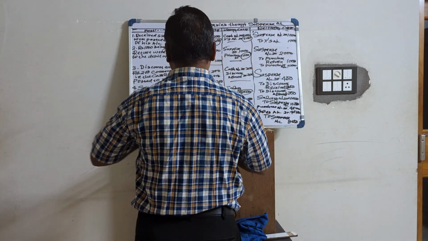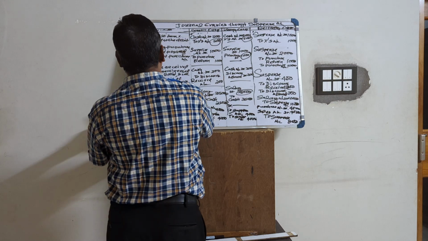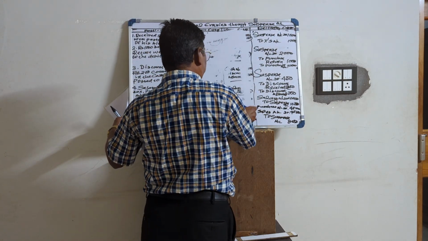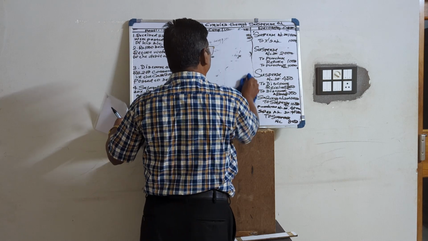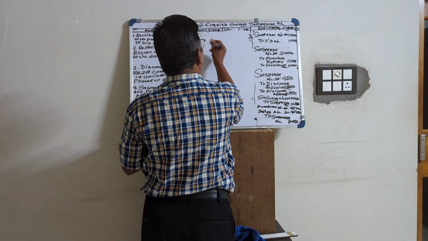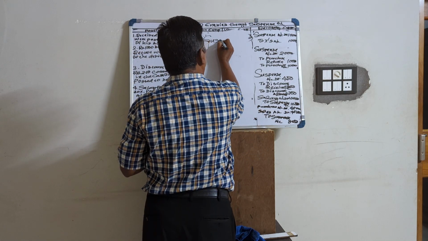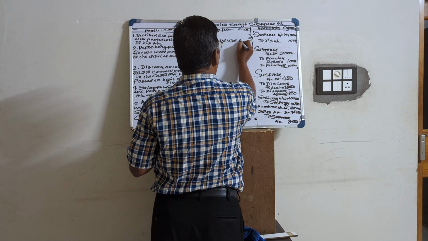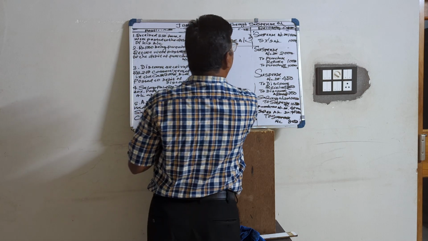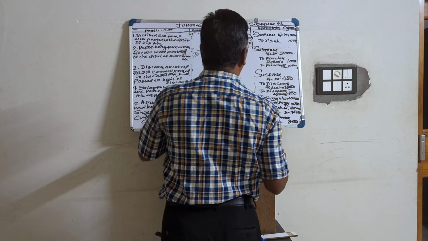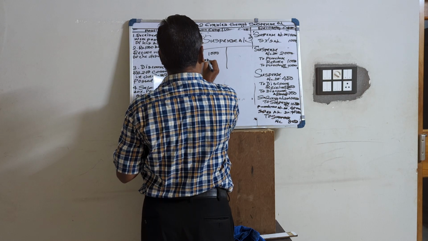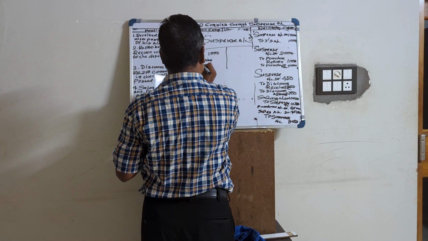So now we will prepare one suspense account. In the suspense account, we post on the debit side first, to purchase return, 1,000.